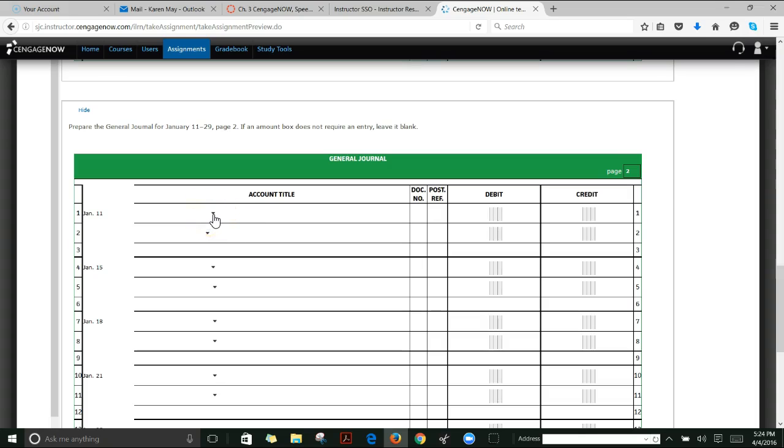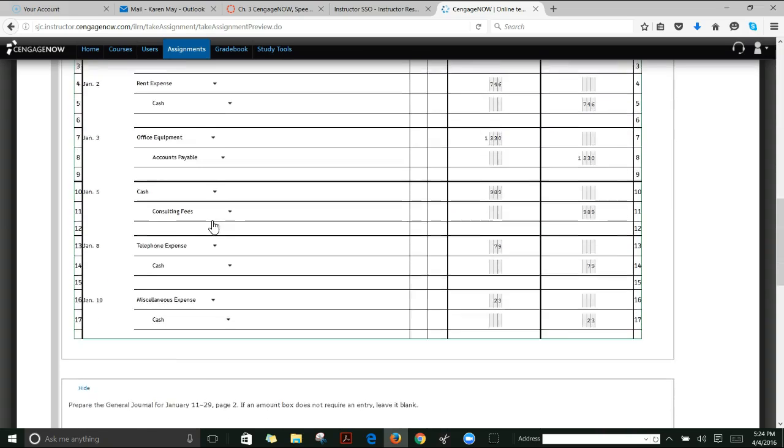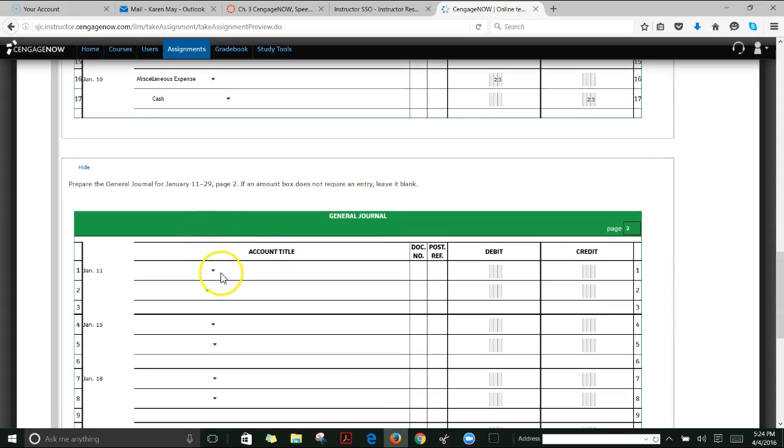So on the next page for January 11th, purchased office supplies on account, $251. And it was on account, so we put accounts payable because we owe that at a later date.